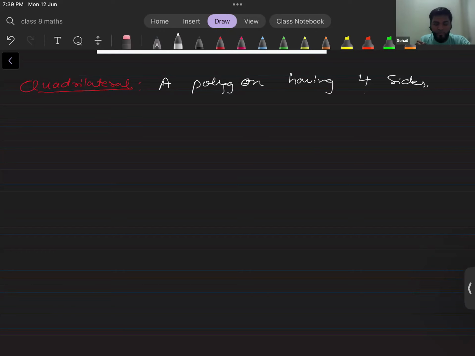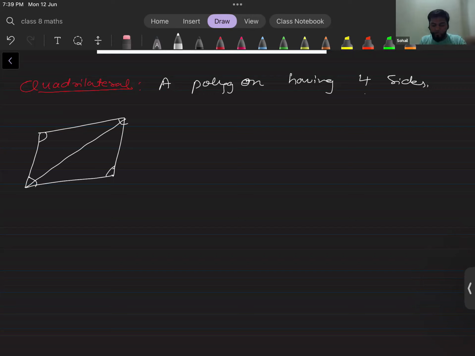One more thing we know about a quadrilateral is that, let's say this is a quadrilateral, there are four angles. And we also observe that we can draw two triangles in this quadrilateral, right, Arhan?